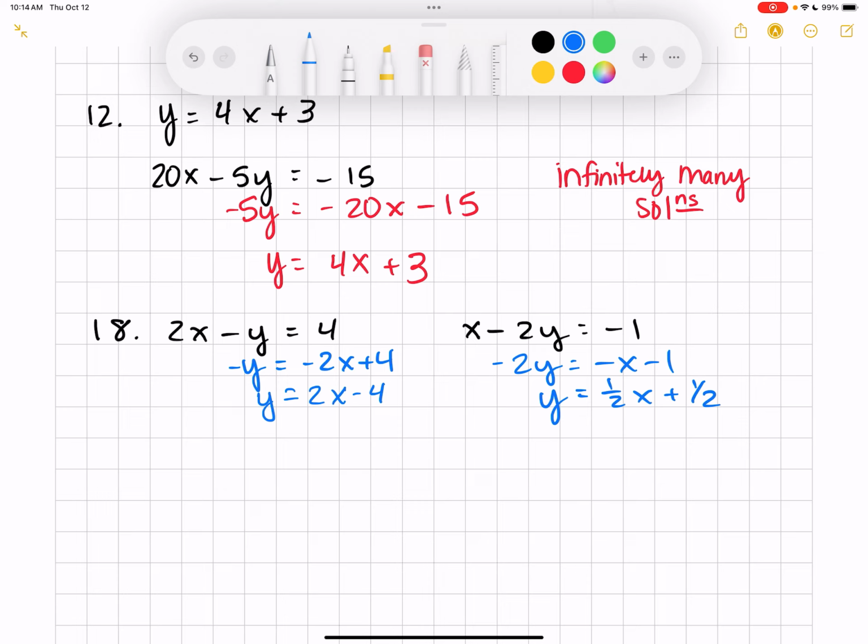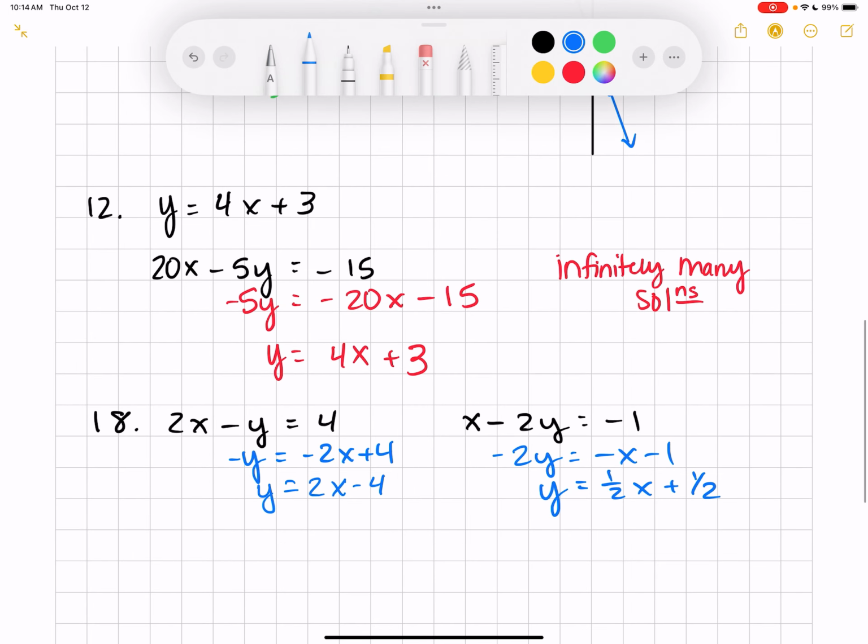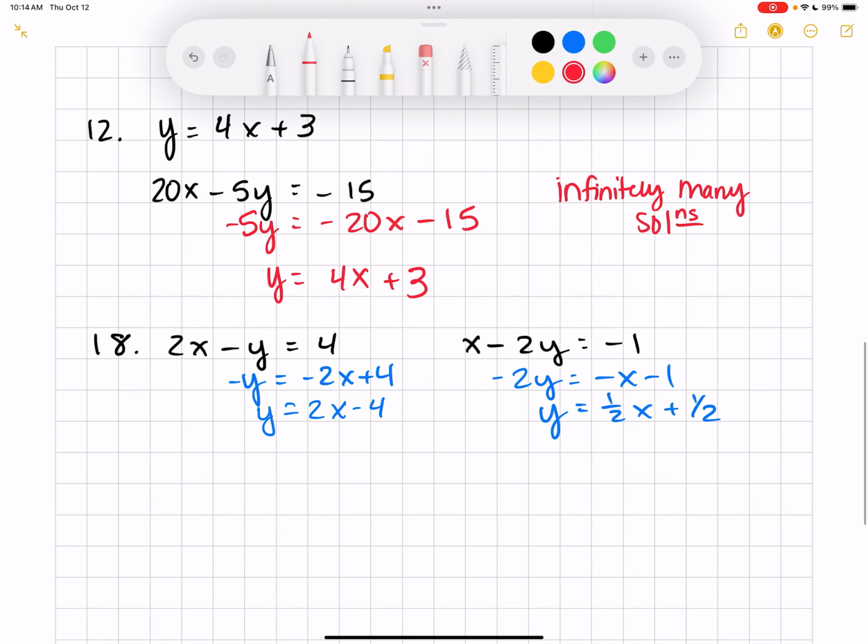So my only option then is that it's going to have one solution, and so this is going to be consistent. Because remember, inconsistent is when there's no solution, and independent is if it has only one solution. Dependent is infinitely many, so this is going to be independent.